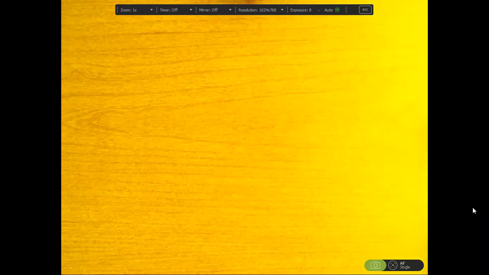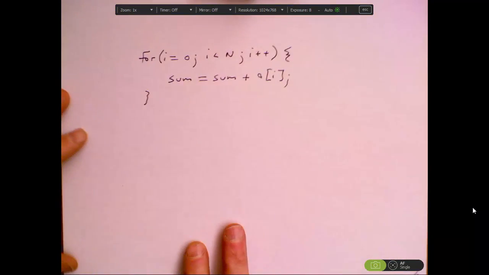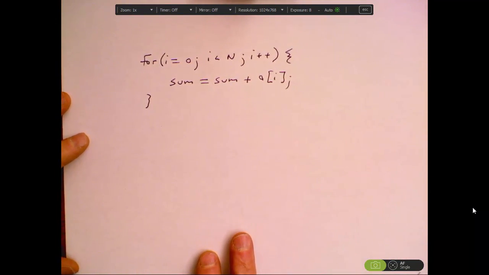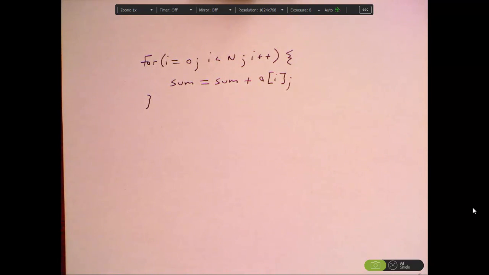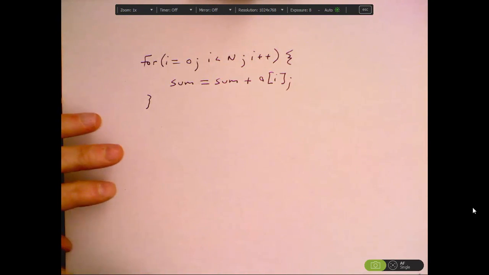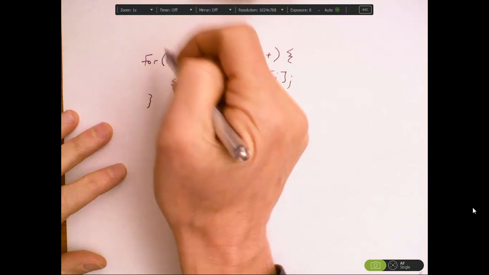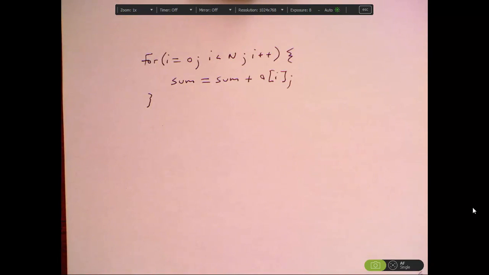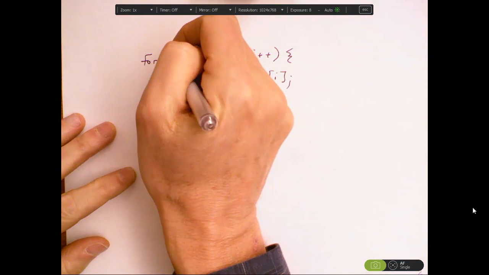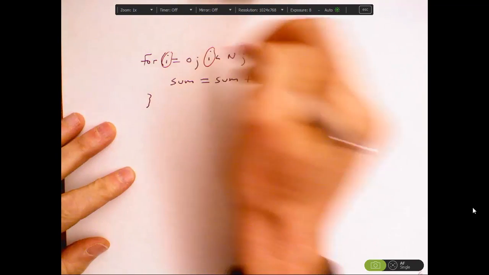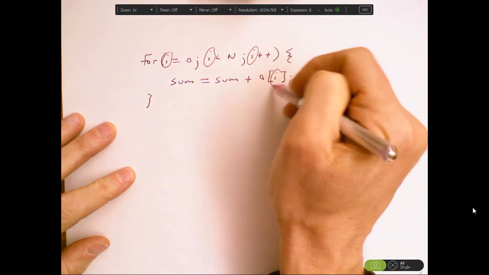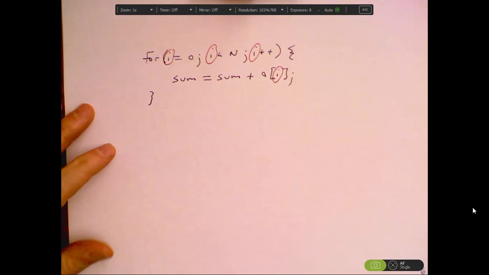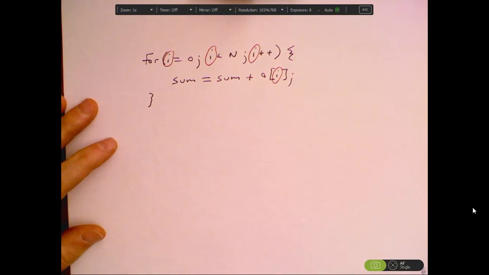So let's just take a look at a little piece of code here and think about it in terms of locality. So just a for loop where I'm running over an array and summing up the contents of that array. The accesses to the variable i are going to demonstrate temporal locality.